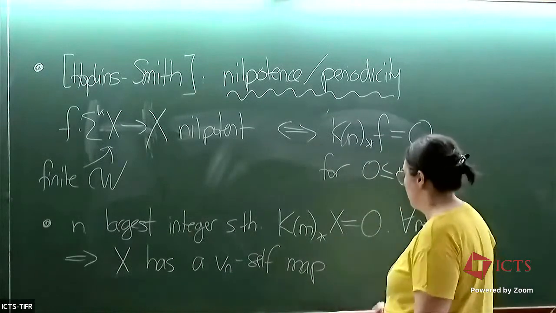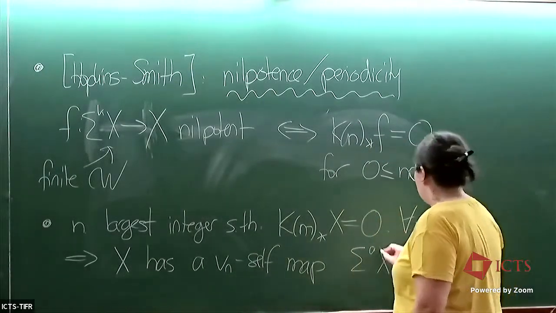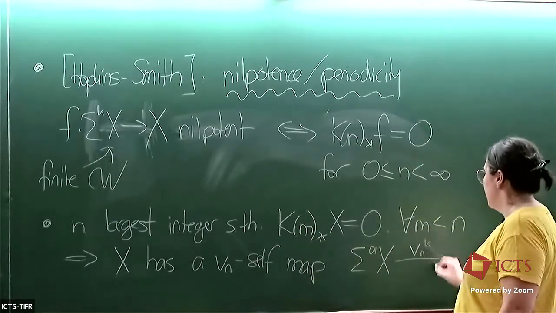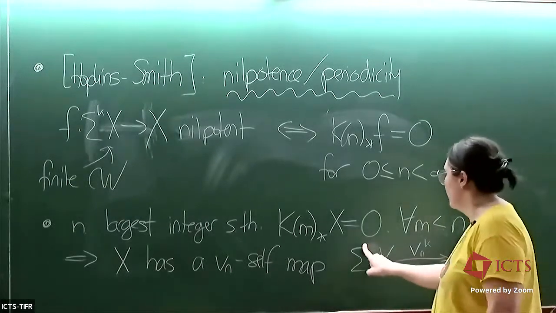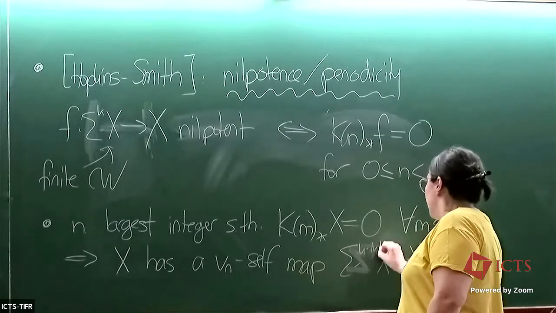So some power of Vn, don't know what that is, and that one will just be obviously k times the degree of Vn.